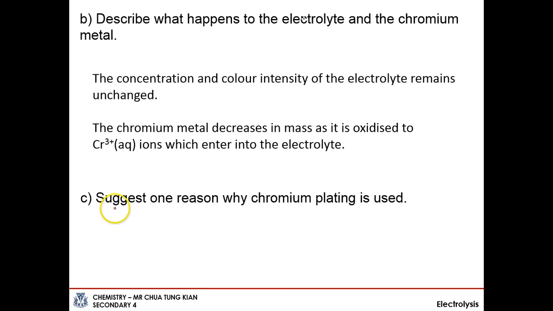So just one reason why chromium plating is used. I mentioned this earlier just now. The taps in our toilets are chromium plated for a few reasons. One of which is to make it look more attractive. Sometimes chromium is used to coat metal objects such as iron fenders of cars and iron fenders of jeeps, also to give it a more attractive appearance.